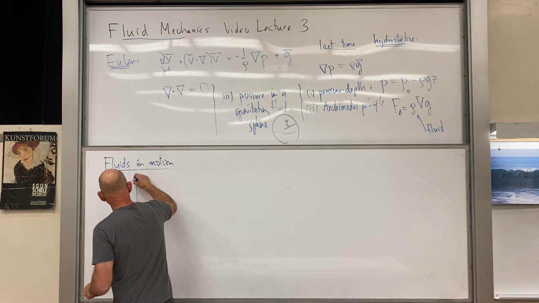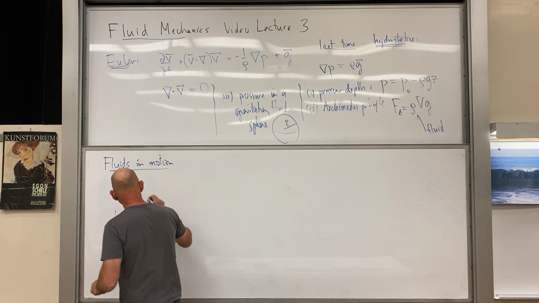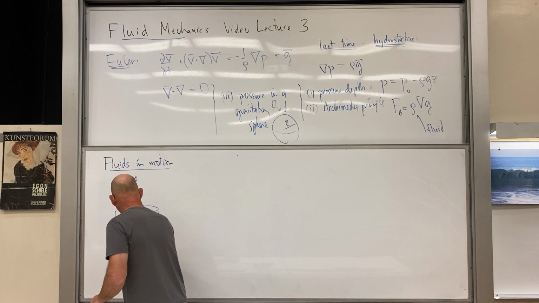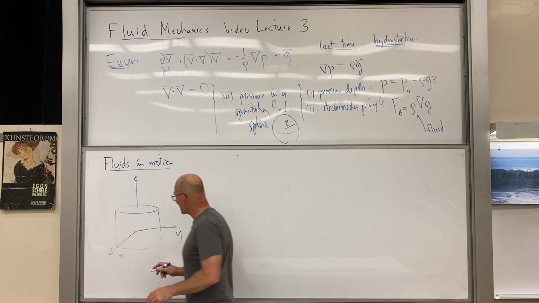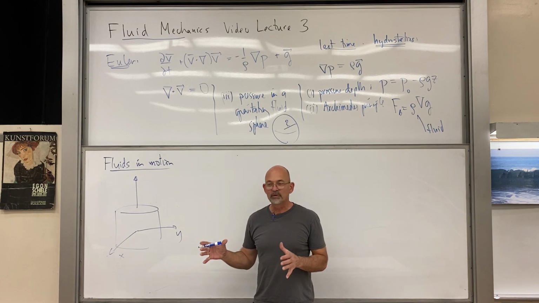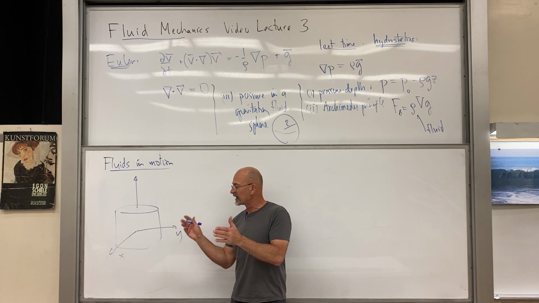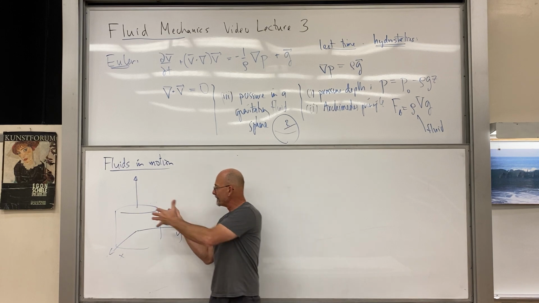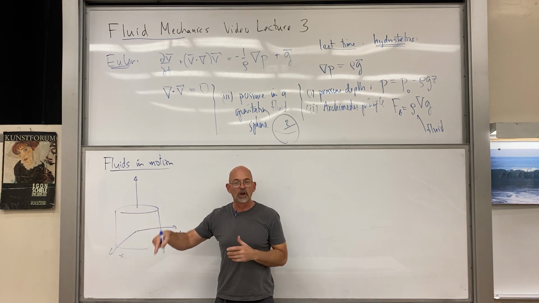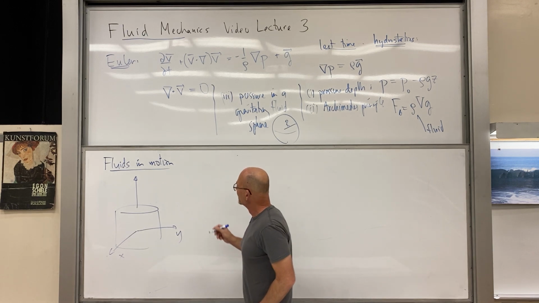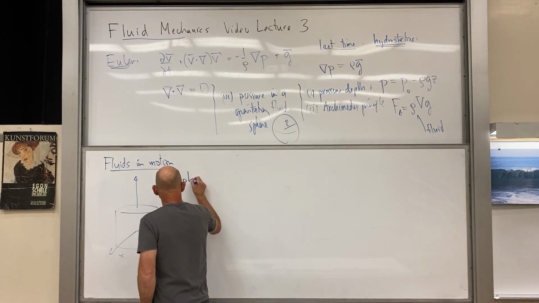So the idea here is that we have an X, Y, and Z axis, and we have a bucket of fluid that's rotating, and it's rotated long enough so that the entire mass of the fluid in there, let's just call it water, is rotating along with the bucket. Okay.